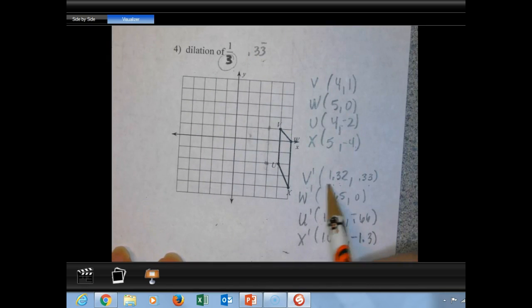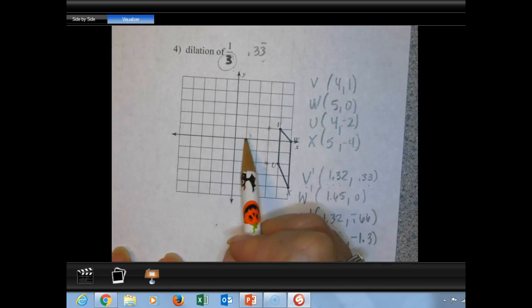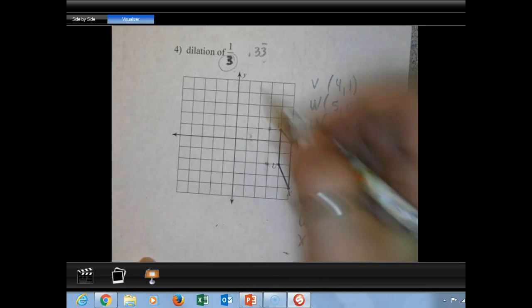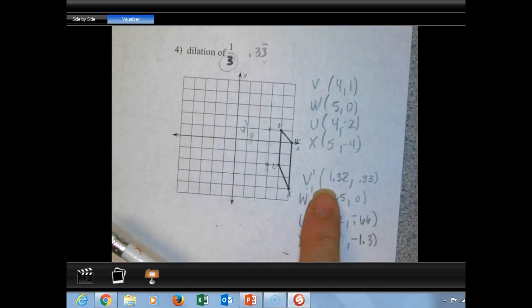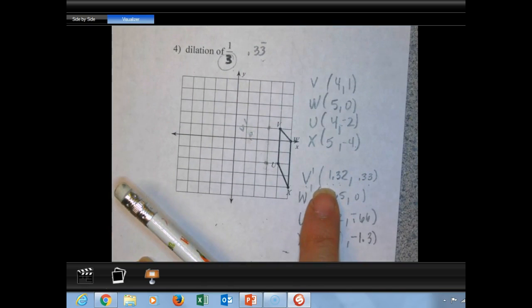So for your first one, V prime, we're going to go 1 1/3. So about there. It's not going to be an exact science. You're going to be estimating. Up, you're going to go 1/3. So this little point here is going to be your V prime. Again, not an exact science. If you're in the general area, you're good.